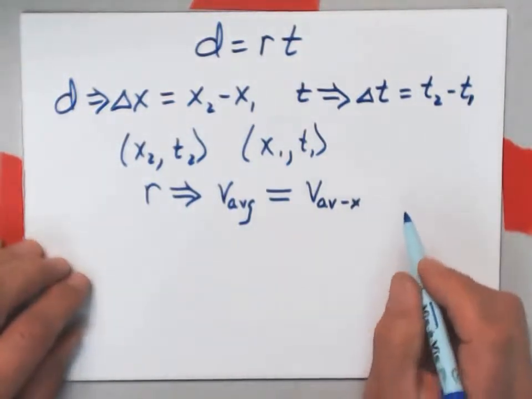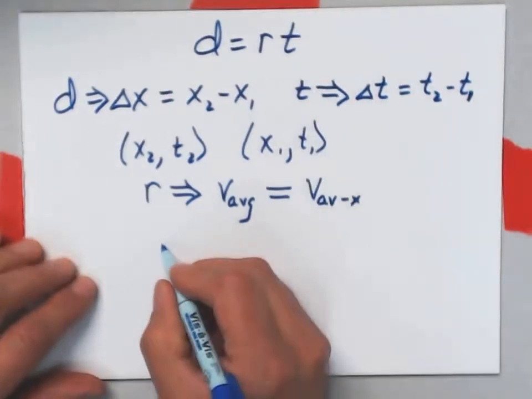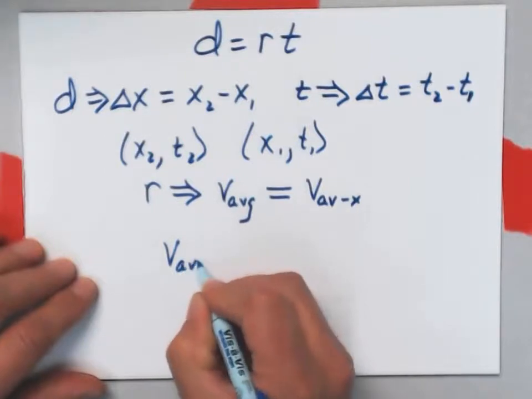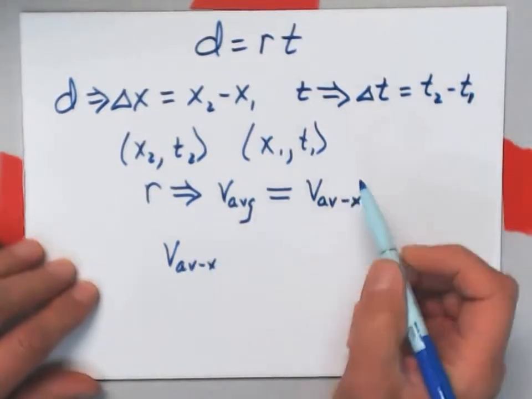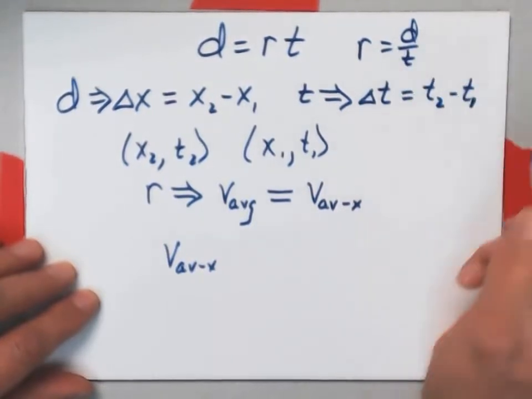When we combine all this together, if we solve for the rate, which is actually going to be V average in the x direction, we just get distance divided by time.